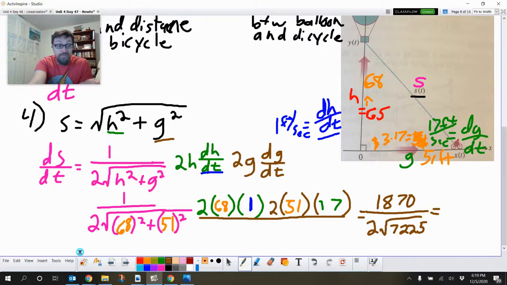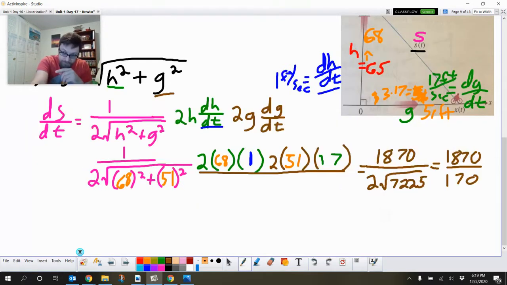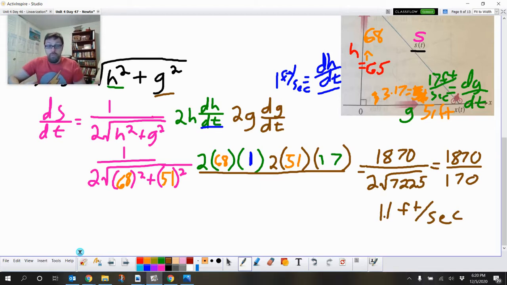Once you type this all in, and if you hit math fraction, it actually works out, you get 1,870 over 170. Then we can actually divide that. 1,870 divided by 170 ends up being 11 feet per second. I'm not going to write it out, but you can get that.